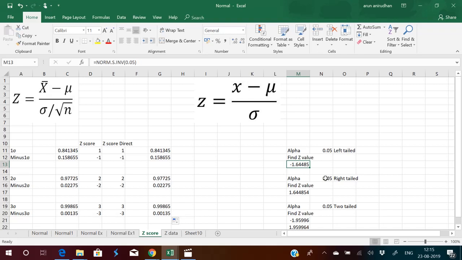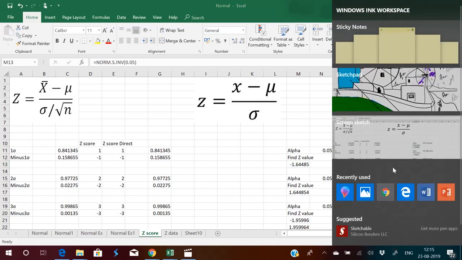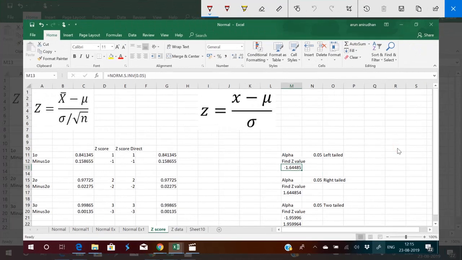Suppose it is a right tail, so greater than function. So what will happen? It is to the right side. The right tail means your normal distribution, and 0.05 is this area.